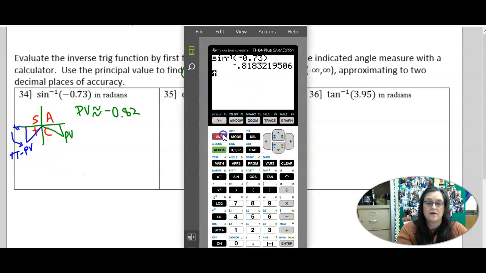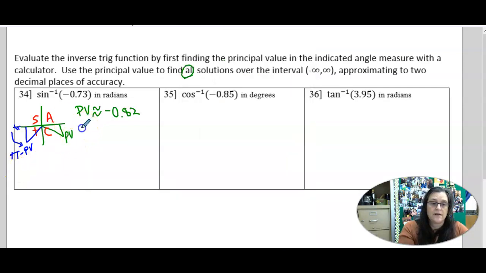So in the calculator, we evaluate pi minus this principal value, and that's 3.96. So my quadrant 3 angle is 3.96.